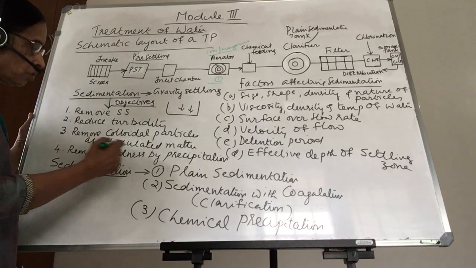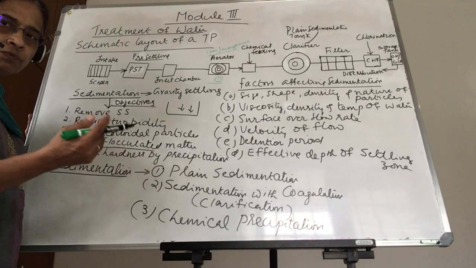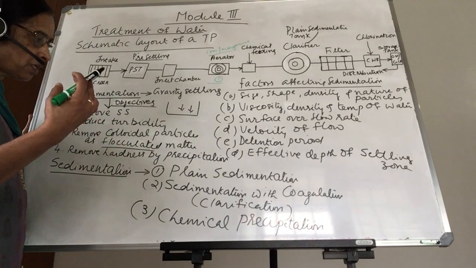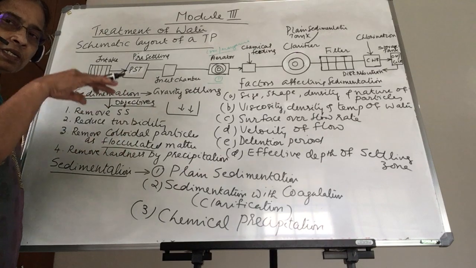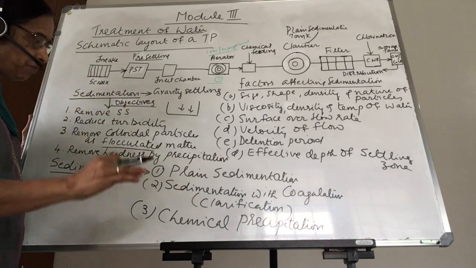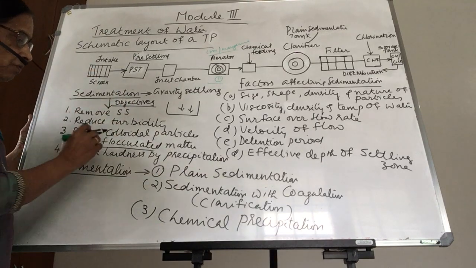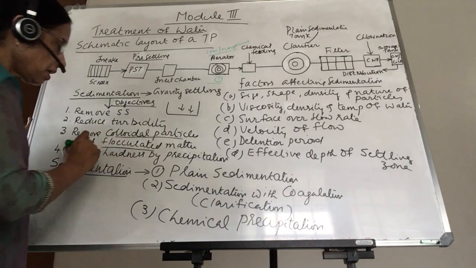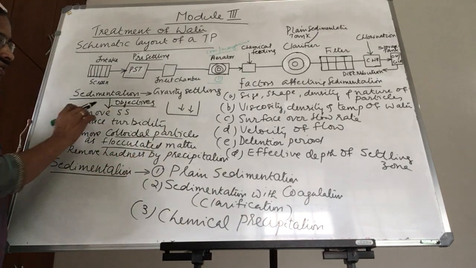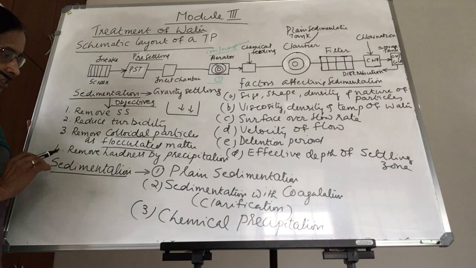So we want to flocculate them, so that after flocculation they will settle. So we remove the colloidal particles as flocculated matter. That is another objective of the sedimentation process.